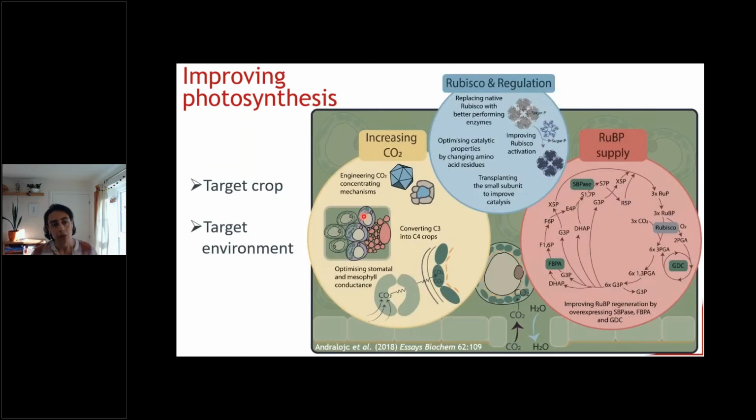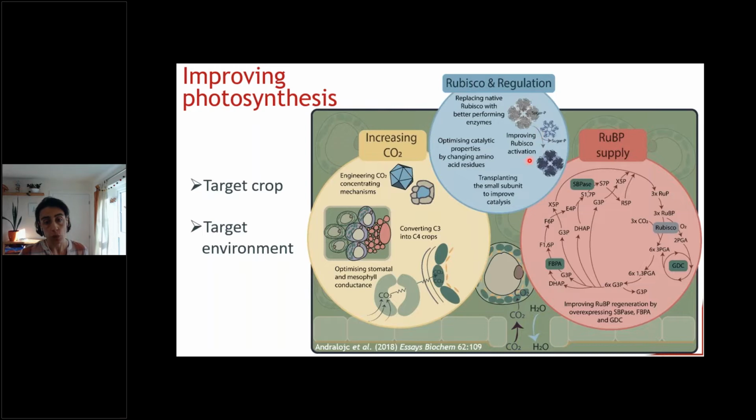And when we aim to improve photosynthesis, I like to think of the photosynthetic process as basically a factory with many substations, which are the many sub-processes of photosynthesis. If we want to improve the efficiency of this process, or the efficiency of our factory, we need to think about the various sub-processes and identify which ones are most limiting to our target crop in the environment where we want to grow it.